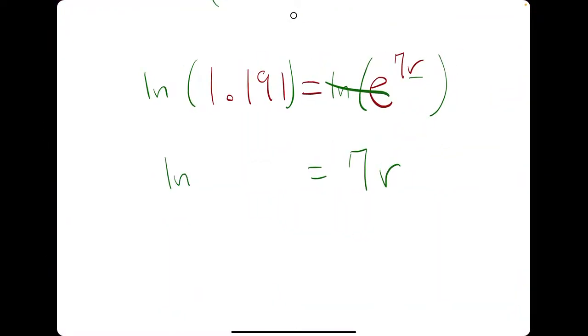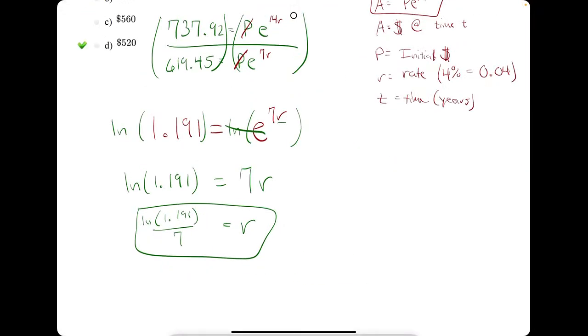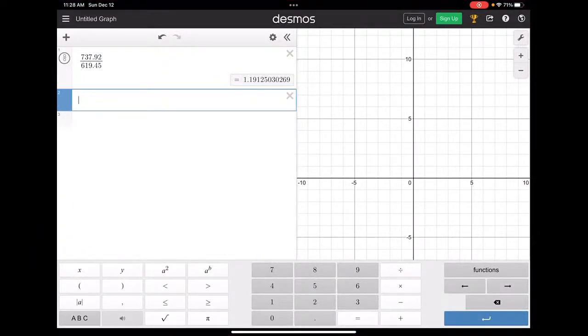I'll just leave it like that for now before I calculate it. Ln of 1.191. And then to get r by itself, we will divide by 7. So we're going to calculate r. Ln of 1.191. Since I have the decimal right above, I'll type in a few more just to be exact.